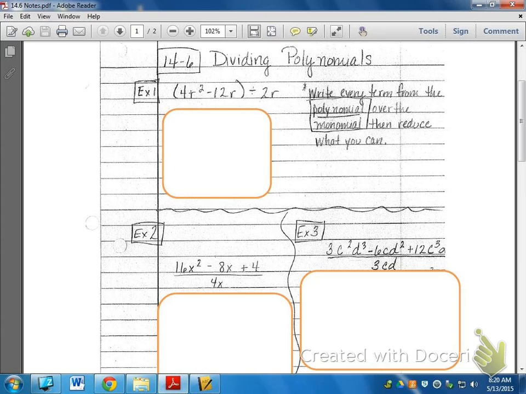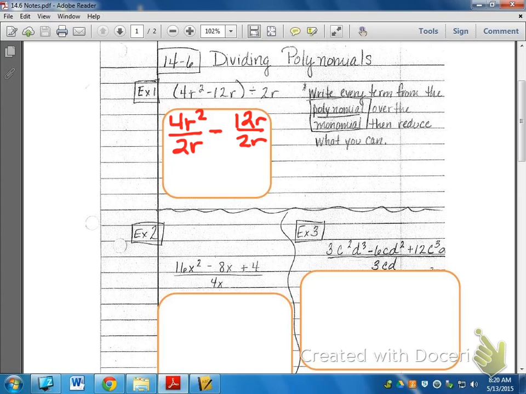You're going to write 4r squared over 2r. You use the same signs that are in that original polynomial. So I'm going to put a minus in between, and then I'm going to put 12r over 2r. And what you should do is reduce every part that you can.